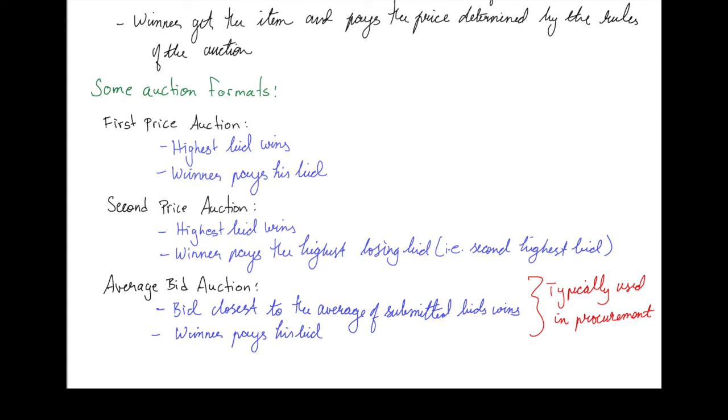Let's suppose the price starts at 100. There's a decision node. Do you want to raise your hand to buy the item or not? 99. Do you want to buy it or not? 98. Do you want to buy it or not? So a strategy is a complete contingent plan. So for each node, it says whether you raise your hand to buy the item or not. So a strategy in a Dutch auction has to tell you what is the highest price at which you'll raise your hand. That turns out to be what you ought to bid in a first price auction.